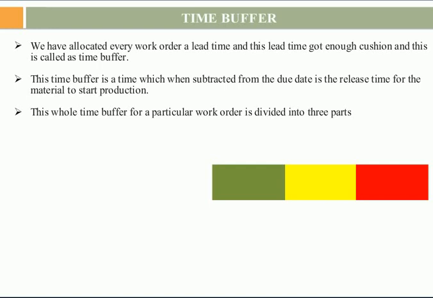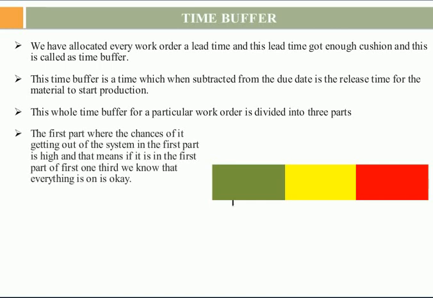So this whole time buffer for a particular work order is divided into three parts. In the first part, the chance of it getting out of the system is high, and that means if it is in that first part, or first 1/3, we know that everything is okay.